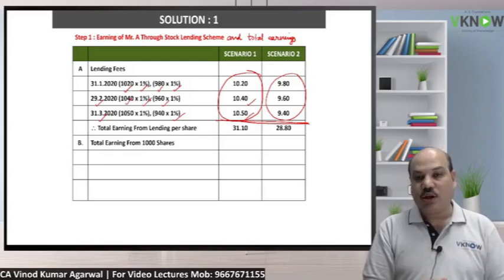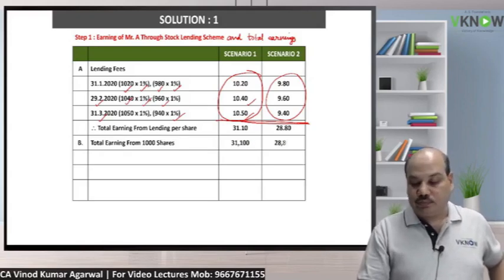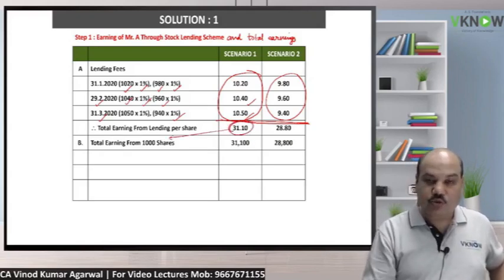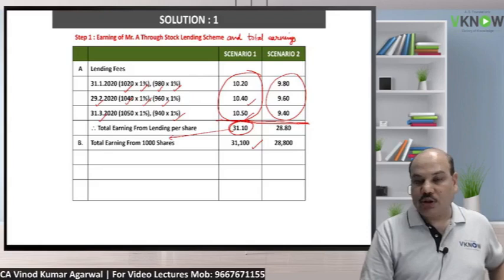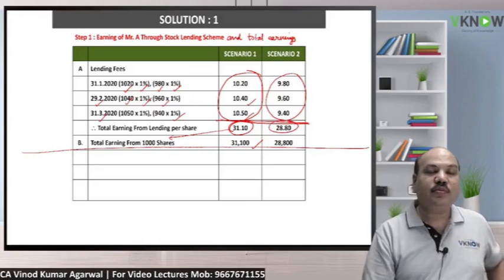So total earnings from 1000 shares, just multiply 31.10 into 1000. So the first answer is 31,100, 28,800.